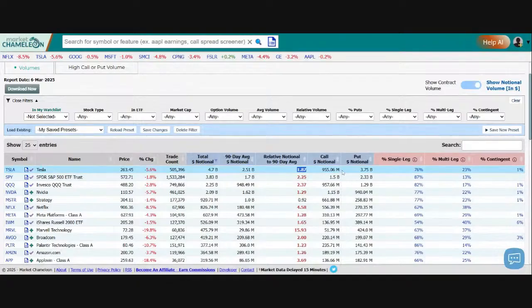This is the breakdown by call and put. And here we have the percent of the volume in Tesla that involved single leg option trades, so either a call or a put. And then we have multi-leg trades. So that was 23% of all the option volume in Tesla involved a multi-leg trade.